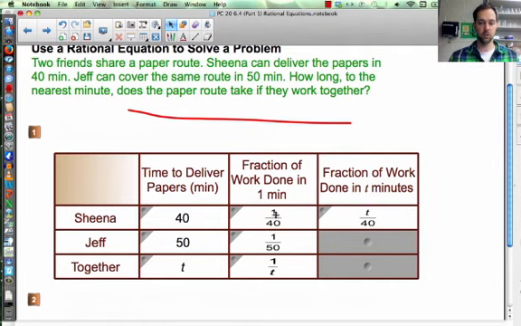In 5 minutes, she'll do 5/40ths. In 12 minutes, she'll do 12/40ths, okay? So Jeff does T 50ths of the work in T minutes. And together, they do all the work in T minutes, right? Because it takes them T minutes to work together. So the fraction of the work done in T minutes is 1.